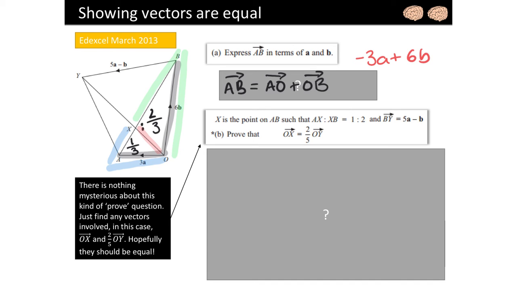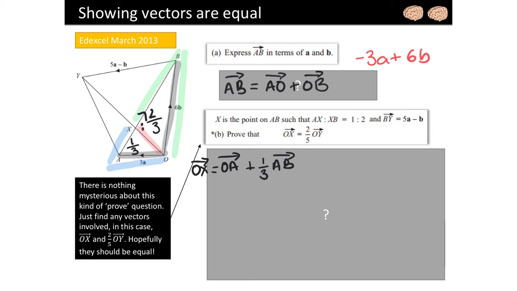So OX equals OA plus a third of AB. Lucky for us, when we did AB earlier, we were in this direction anyway.